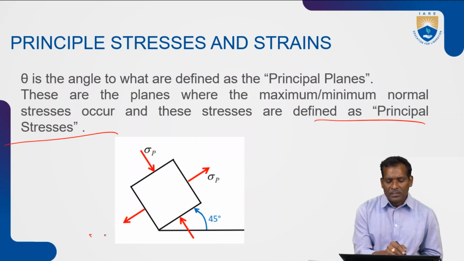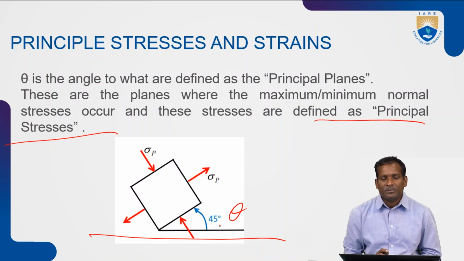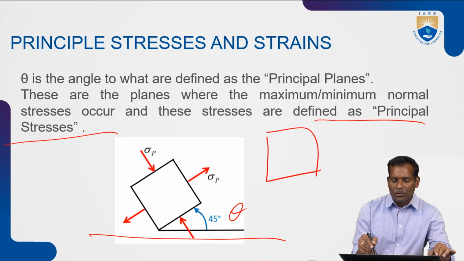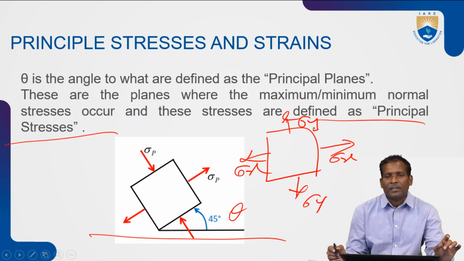See, in this the plane is shown here with an angle theta. Theta is here 45 degrees. Without the angle, you can draw the diagram like this, with uniaxial stresses, meaning x direction and y direction.